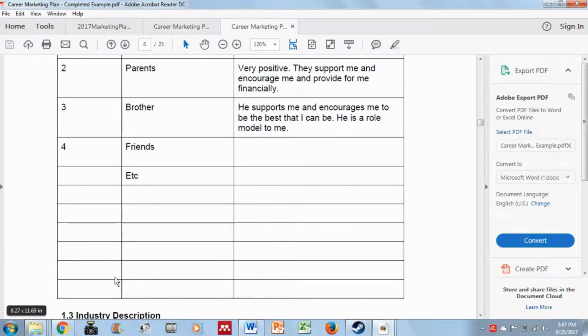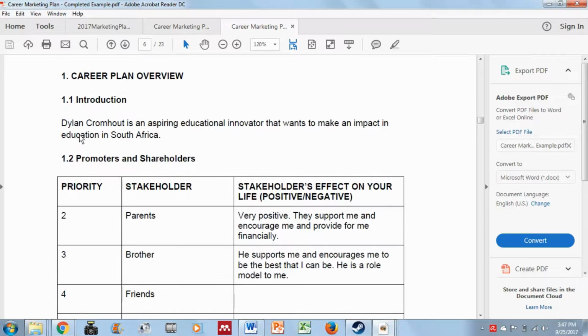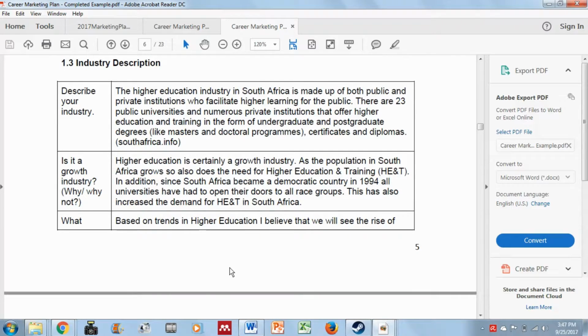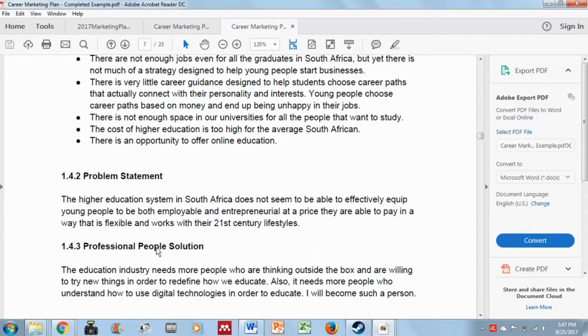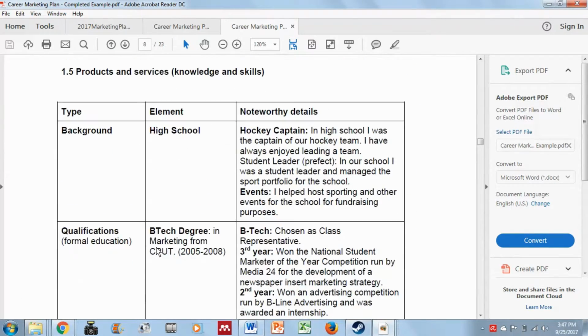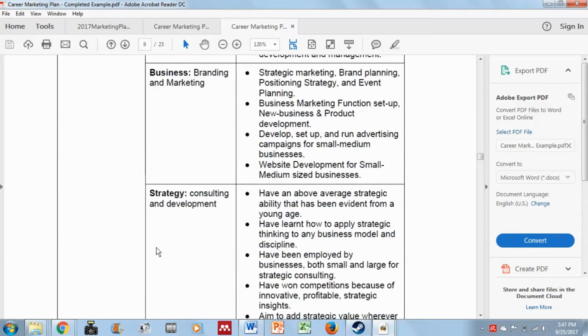You would remove the excess rows that don't belong there. So I wouldn't actually have these rows here that are empty. You would only have the ones that have stuff in them. So it would actually look like that. Okay? Then, industry description. Again, you remove all the explanations and all the examples so that it's only your document. Okay?